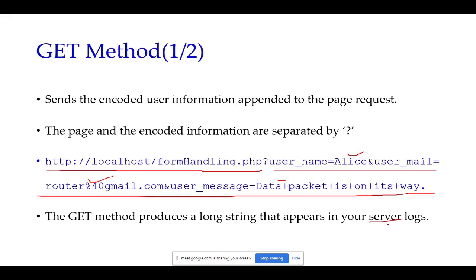Wherever the server has been installed, in its folder you will have something called logs. Who has logged on to the server, from where the request came, and what the user information is, that will be placed in the server log file.